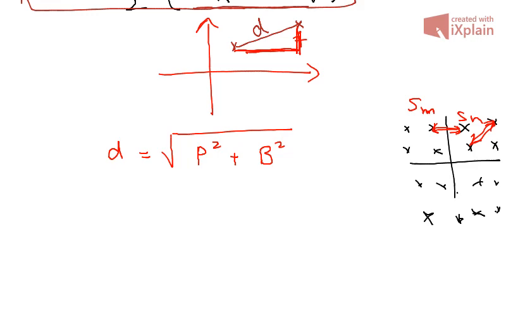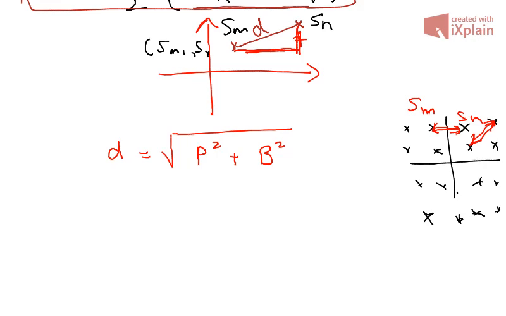Now as I said, you have 2 points Sm and Sn. Suppose this is my Sm, this is my Sn. Sm has 2 coordinates, which are Sm1 and Sm2, right?